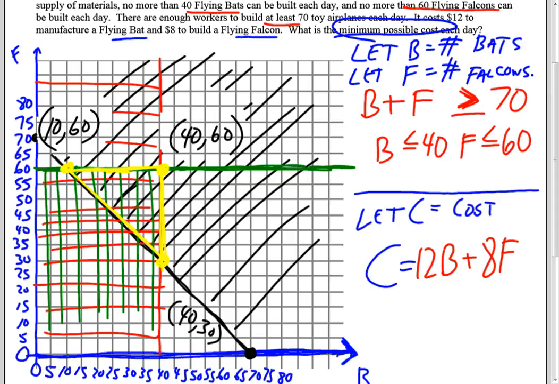If I compare these two points, which one has larger numbers? 60. These are the same, and the 60 is bigger than 30. If all you're doing is adding and multiplying, which one of these two is going to give you the bigger amount? 40, 60. Now compare these two. 60 is the same, but 40, is that bigger than 10? Yeah. So you know that this has got to be the one that's giving you the maximum.